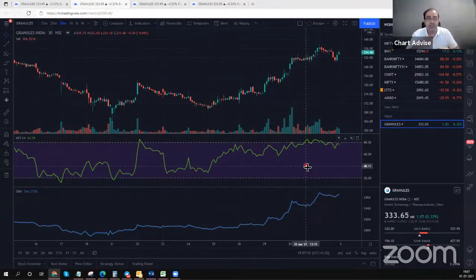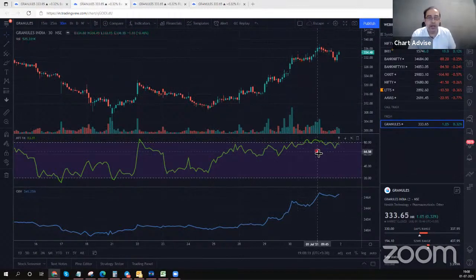Yes, divergences, overbought, oversold, all these things come from the money flow index, and you can use your on balance volume to see whether there is a good strength in the stock. So if there is a good strength in the stock, you can continue to hold on to this position, and based on the MFI, you will be able to know whether the trends are reaching a point of exhaustion.